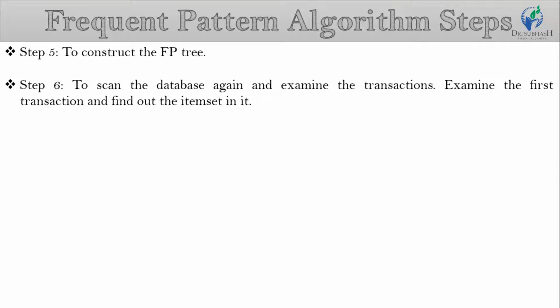Then the next transaction in the database is examined. The item sets are ordered in descending order of count. If any item set of this transaction is already present in another branch, for example in the first transaction, then this transaction's branch would share a common prefix to the root.